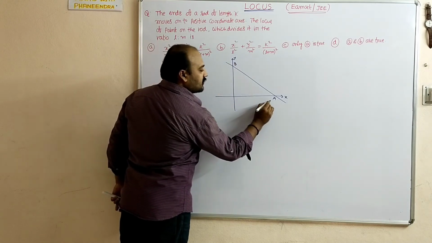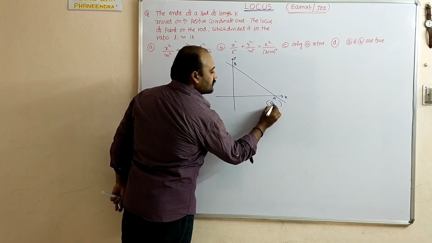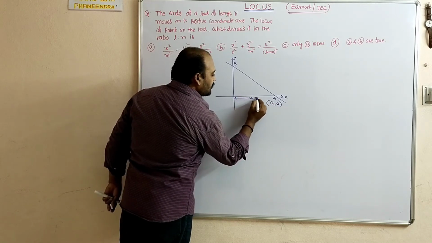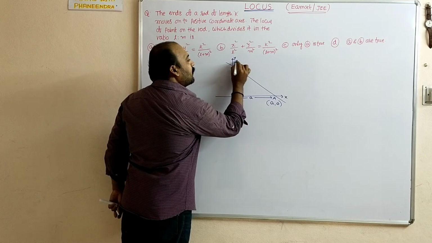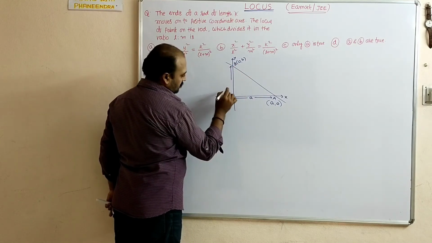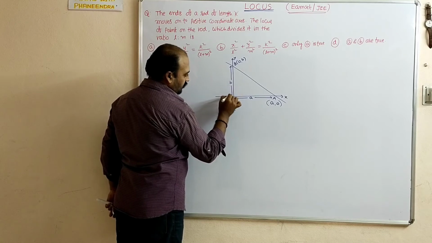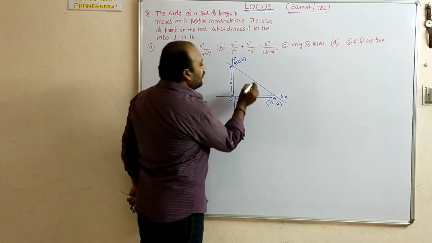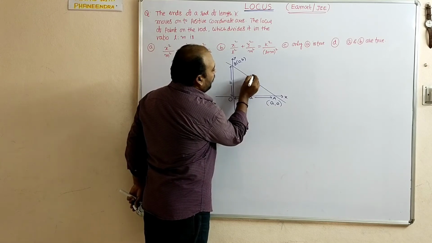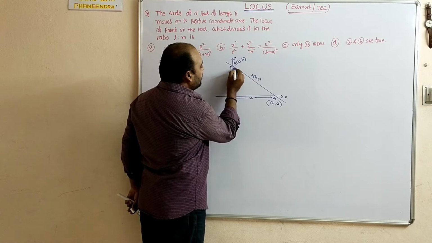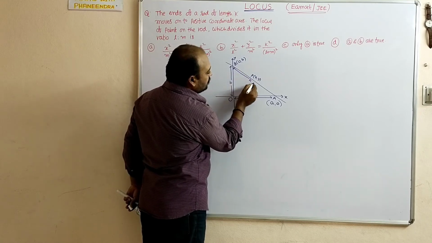We know that the point on the x-axis is A comma 0, that means from here to here A units. The B point is 0 comma B, which is at B units from the origin. Let P of x comma y be any point on the rod whose length is given as k units.